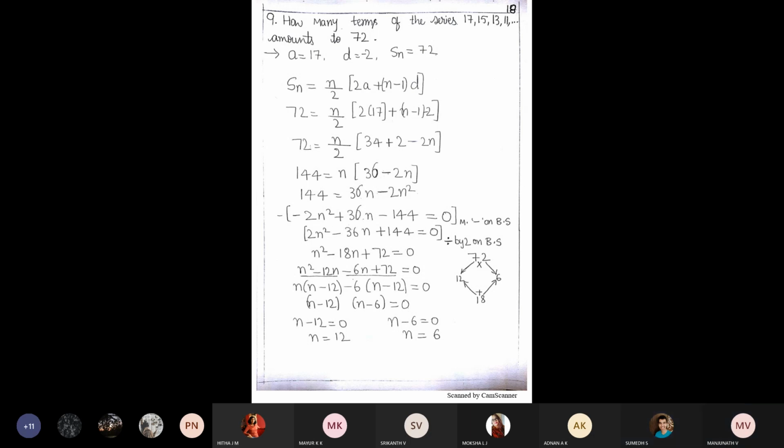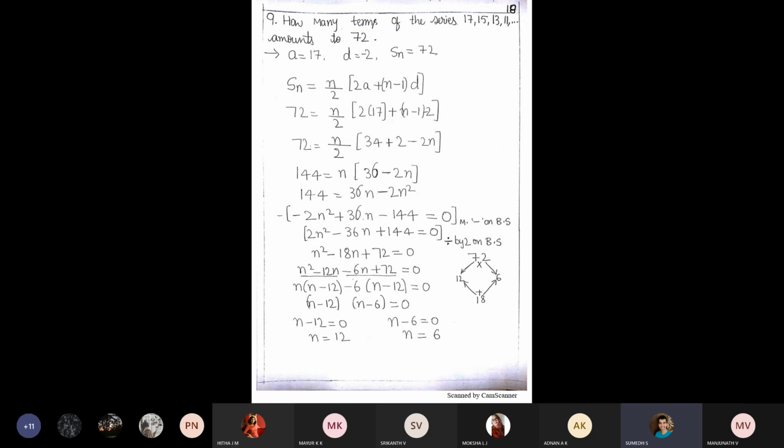Considering the possibilities, 12 and 6 are the most likely option. 12 multiplied by 6 gives us 72 and 12 plus 6 gives us 18.